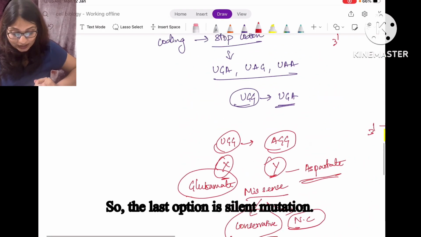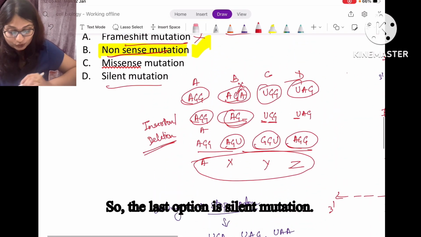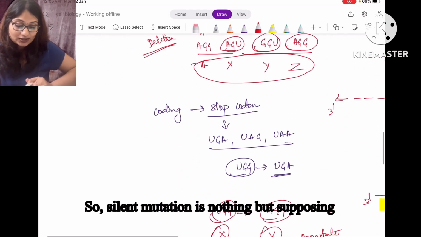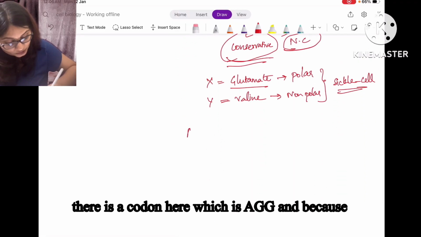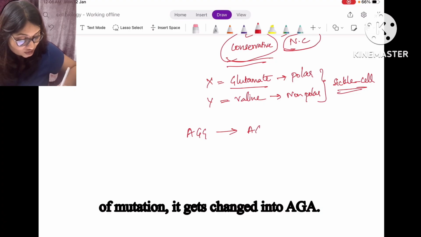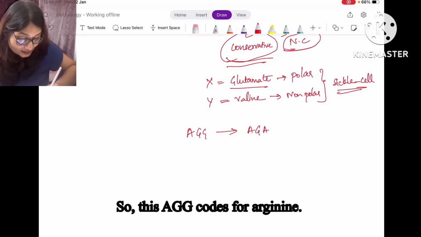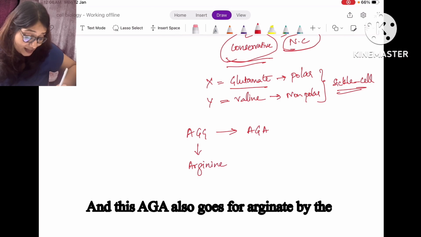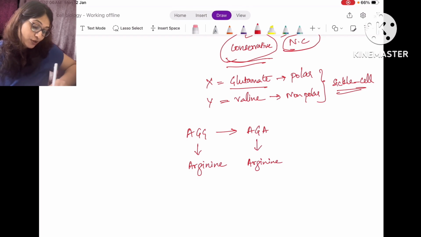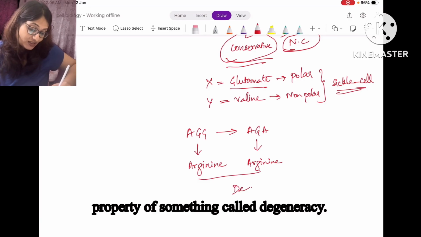Okay, so the last option is silent mutation. So silent mutation is nothing but, supposing there is a codon here which is AGG, and because of mutation it gets changed into AGA. Okay, so this AGG codes for arginine. Okay, and this AGA also codes for arginine, by the property of something called degeneracy.